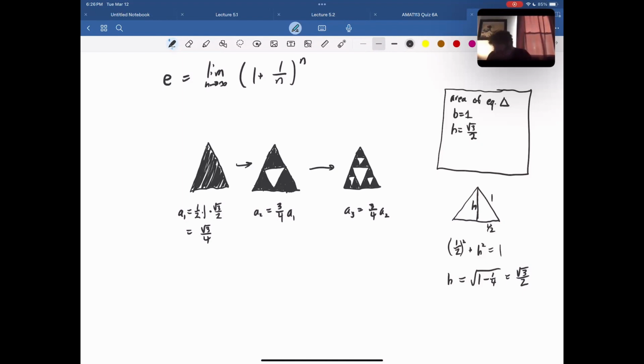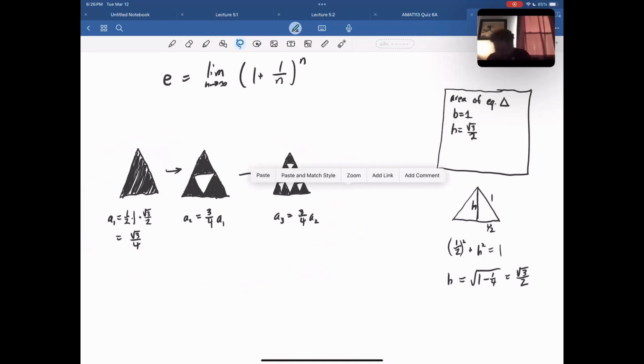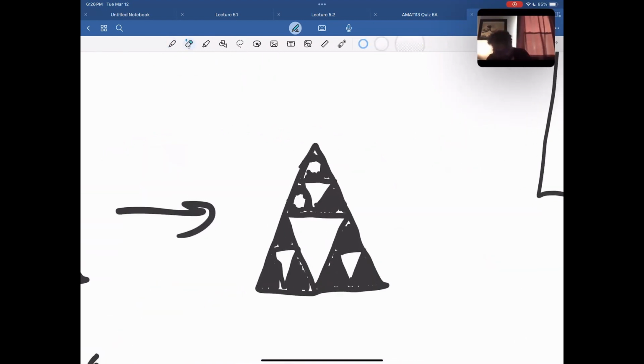And in general, if we use this process to remove chunks of triangles n times, right? I'll draw one more for effect, I suppose. It's mostly just because it's fun drawing these things, right? Hopefully that'll be enough. We'll evacuate the interior of these.